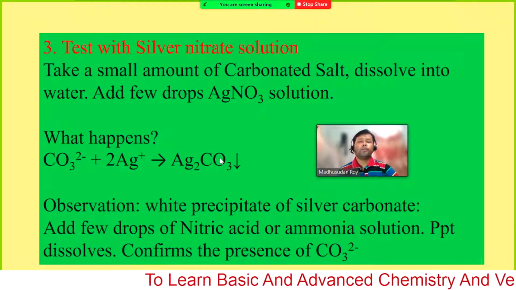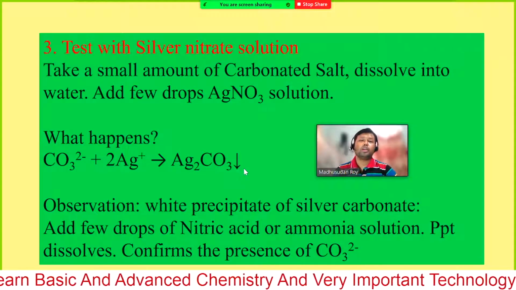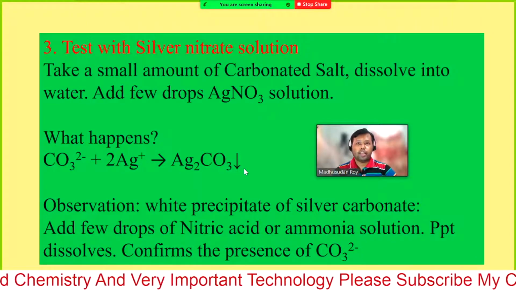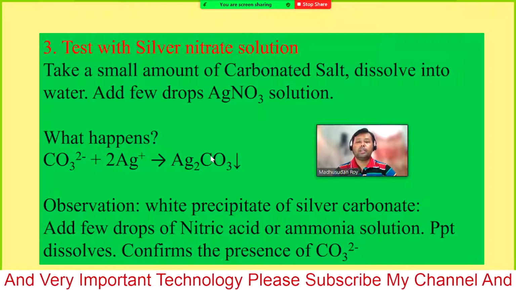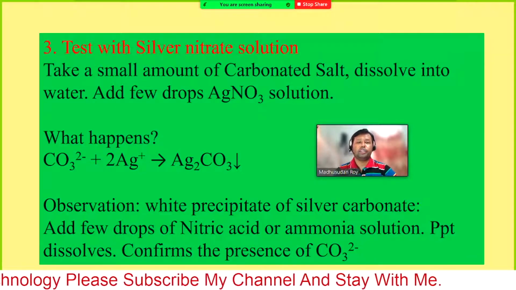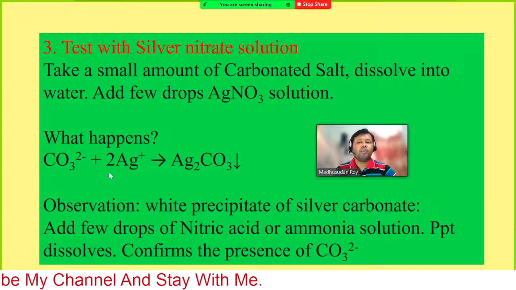So you may be confused if we observe two different white precipitates. Silver carbonate we are getting as a white precipitate, and barium carbonate is also a white precipitate. Then how can you distinguish? You just need to remember what reagent you have added.